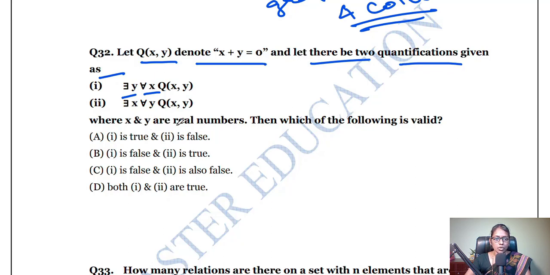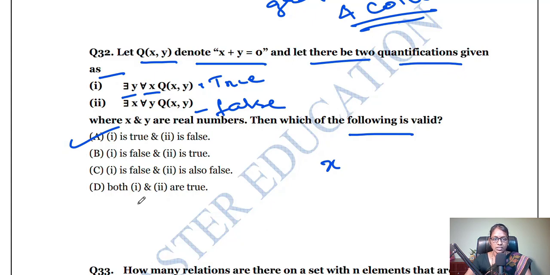Where x and y are real numbers, which of the following is valid? They are telling that for all x some y you will get the answer. So this one is true and this one is false. Kindly check this by yourself.